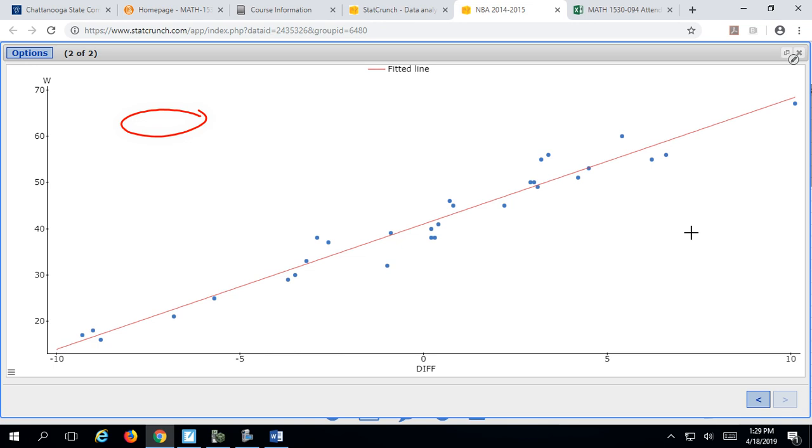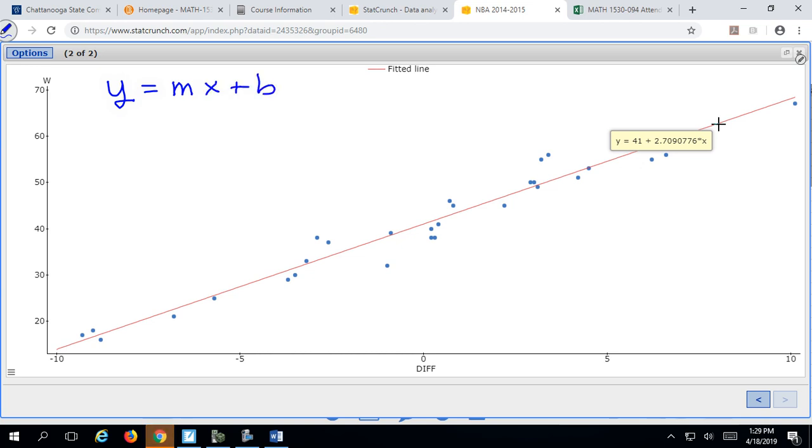You guys remember linear equations? So a linear equation is one you can write like this: mx plus b, right? Where m is the slope, b is the y-intercept, right?